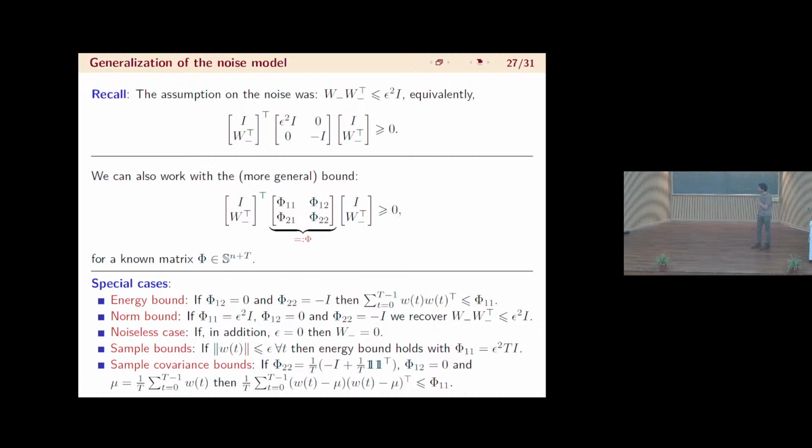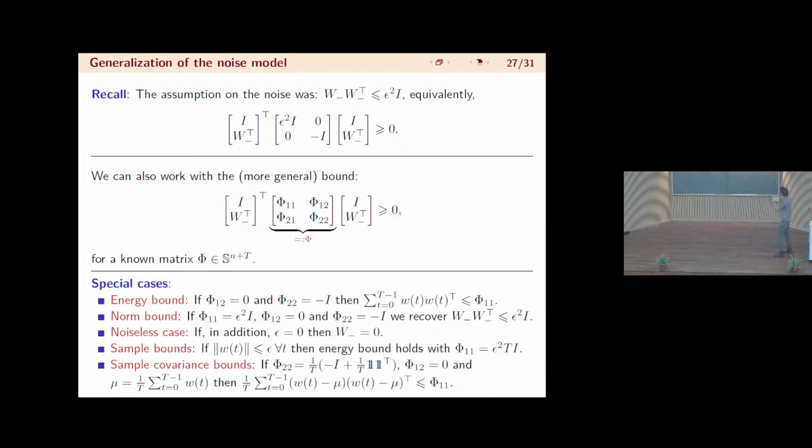And finally, I can also study bounds on the sample covariance matrix. Up to this moment, I have not assumed any statistics on the noise. It's just some noise that satisfies a certain bound. If the noise follows a certain statistic, then you may know something about the sample covariance matrix of that noise. Such bounds on the sample covariance matrix you can also incorporate by choosing the phi in a suitable way.